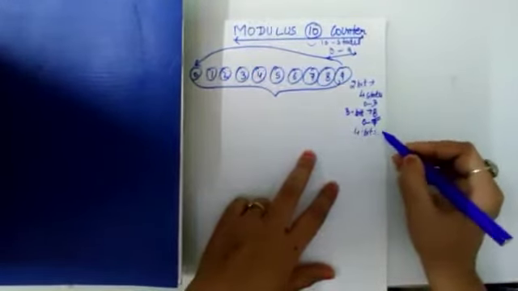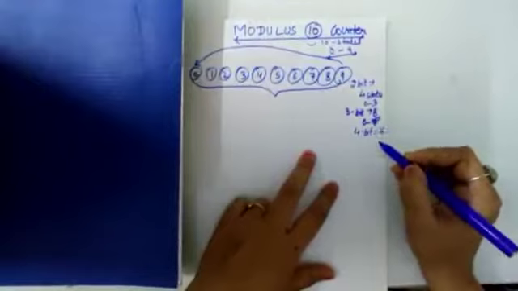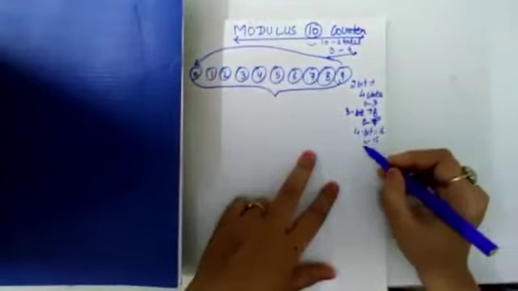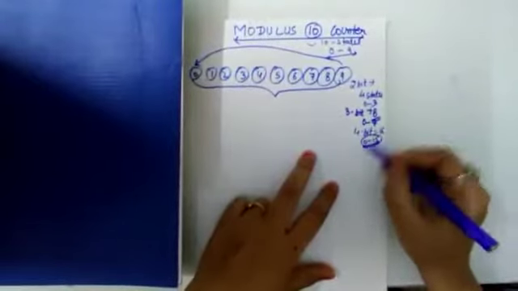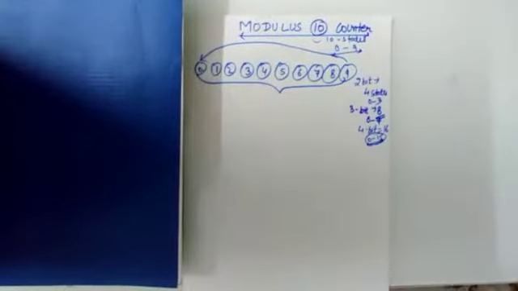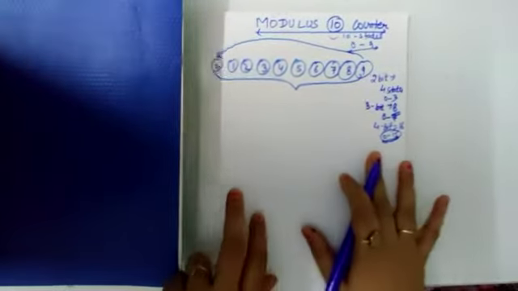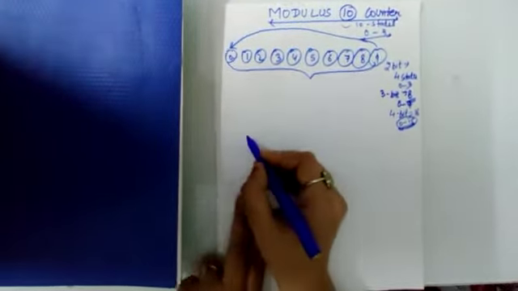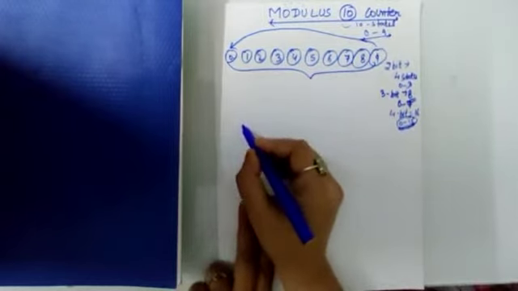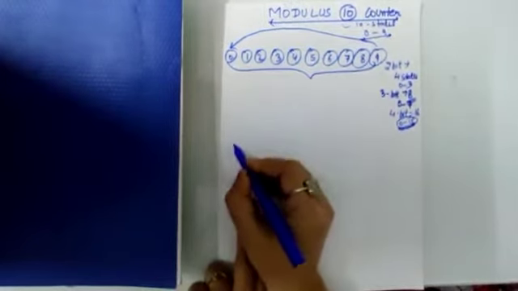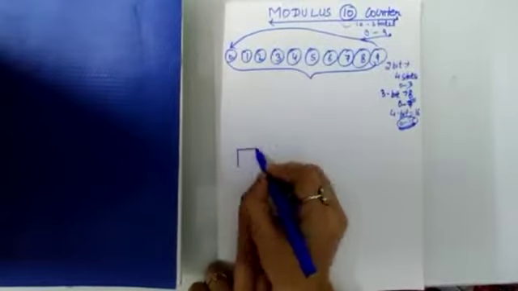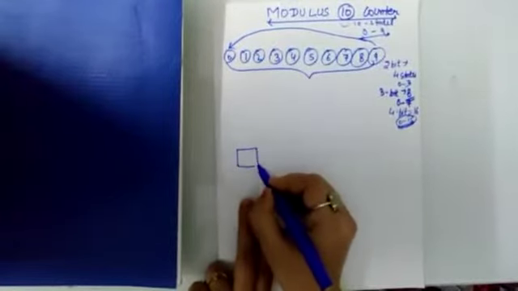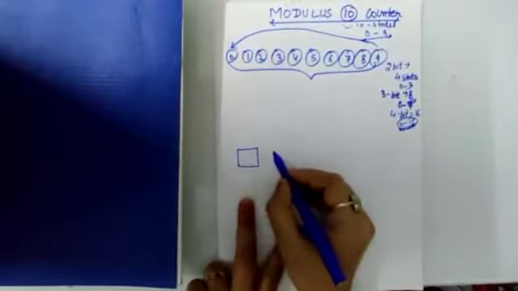A 4-bit counter will count 16 states, from 0 to 15, so 10 will come in this category. So I am taking a 4-bit counter.